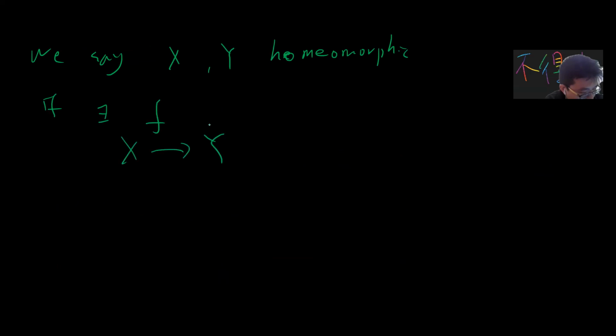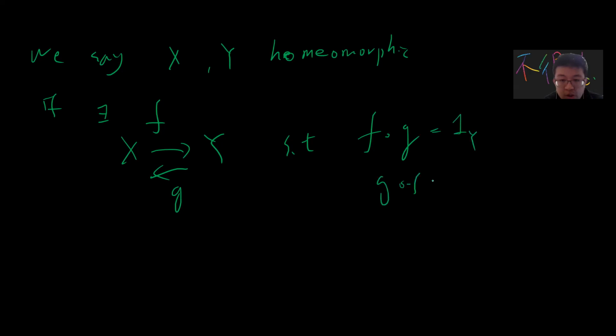Then we say X and Y are homeomorphic, now talking about two spaces, if there is a continuous map f from X to Y and another continuous map g from Y to X, such that f circle g is the identity on Y, and g circle f is the identity on X. So we say X and Y are homeomorphic if I can find f and g.